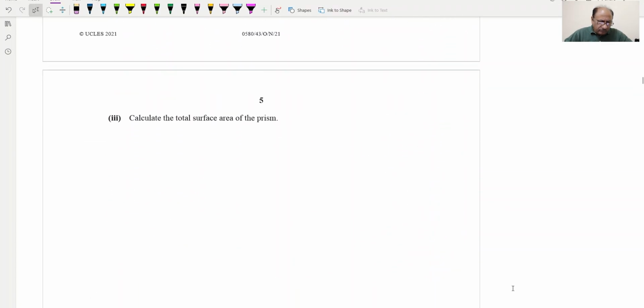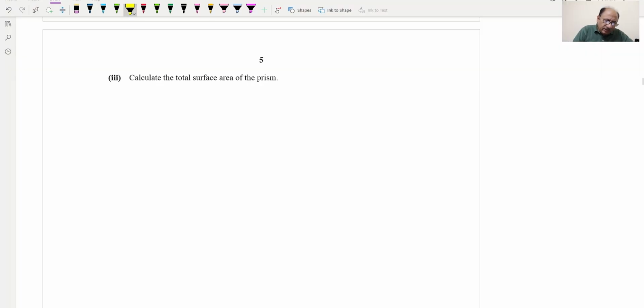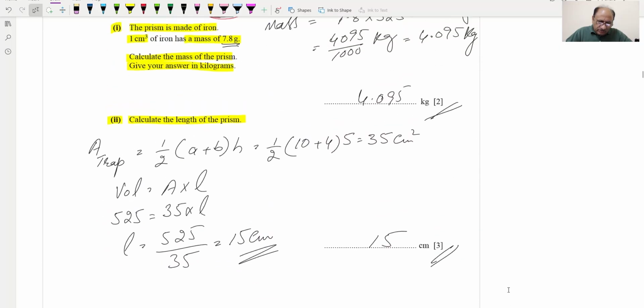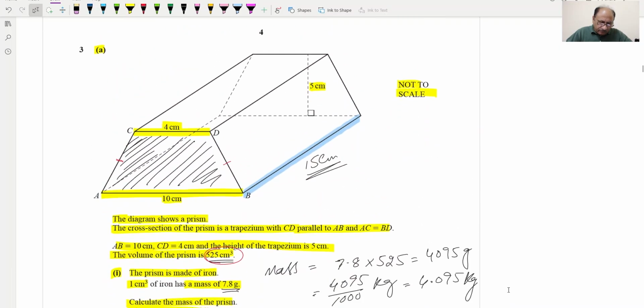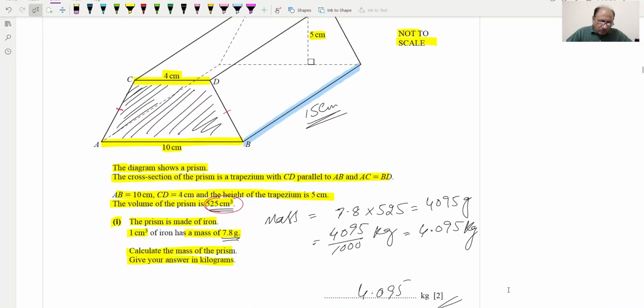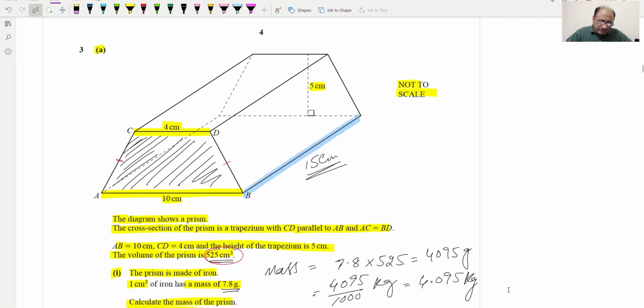Now for the third part, they are asking to calculate the total surface area of the prism. For the total surface area, we already have the face area. There are two face areas: one is ABCD, and the second is the opposite side.